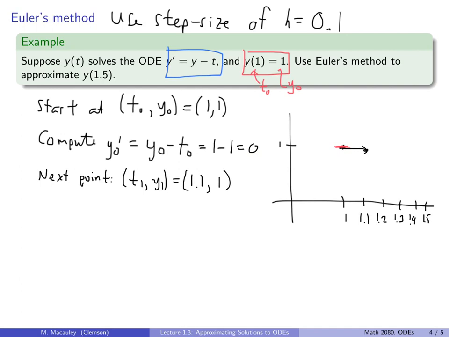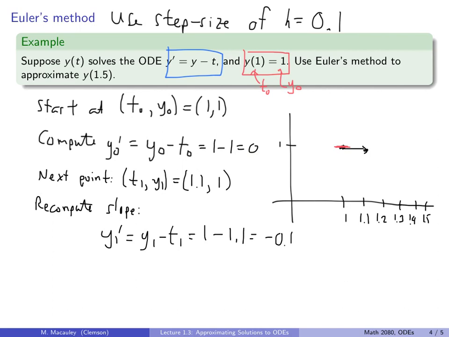So what we want to do is, once we're at this point, we need to recompute the slope. So y1 prime is y1 minus t1. The y value is 1 and the t value is 1.1. So then our new slope is negative 0.1.